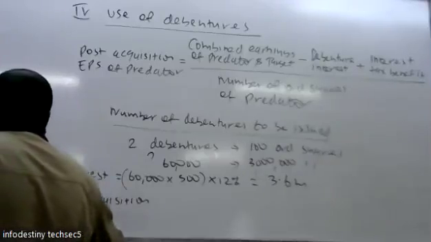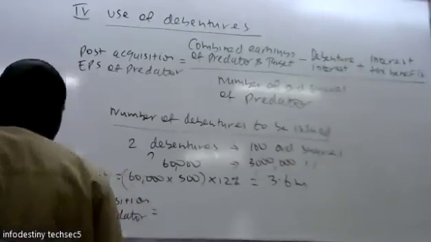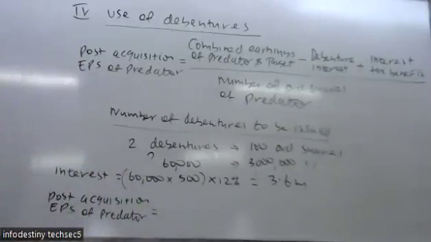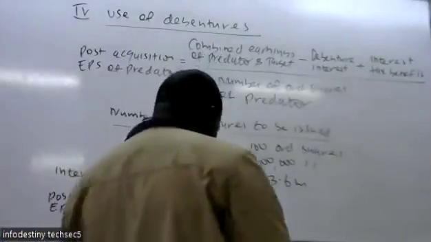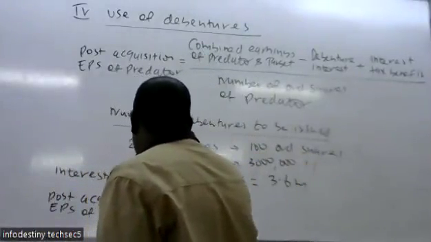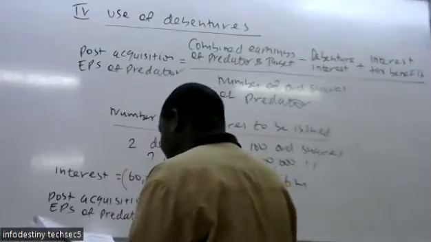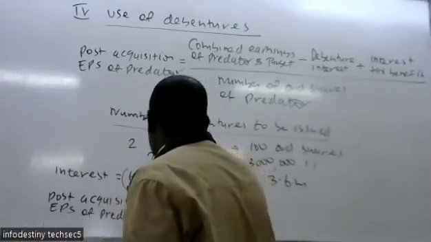Share of the predator. Combined earnings are meant to be the net income. So there is 40 millions plus the 9 millions. Those are the combined net income.